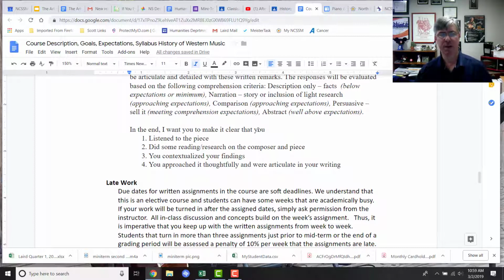Third, I want it to be clear that you can contextualize your listening and research, that you brought the two together. And fourth, and finally, that you approached it thoughtfully and that you were articulate in your writing. And if you can do those for me, you'll do great on the written responses.